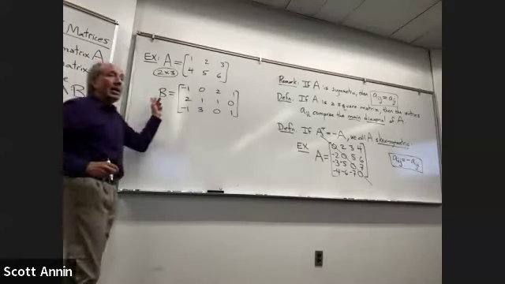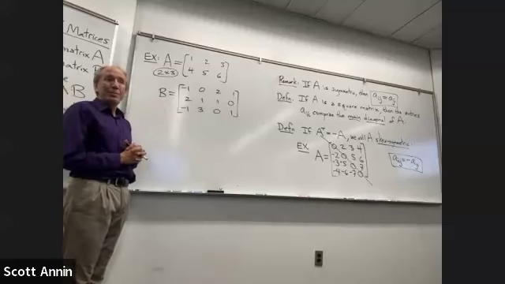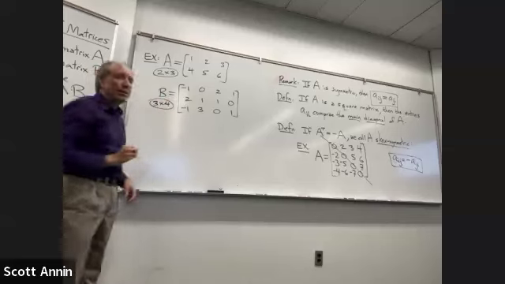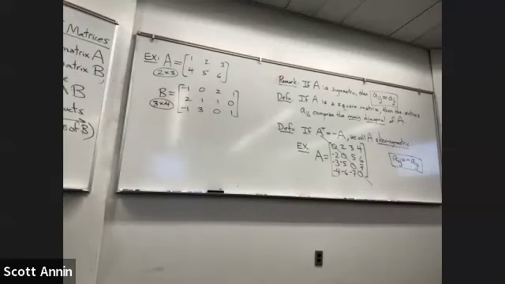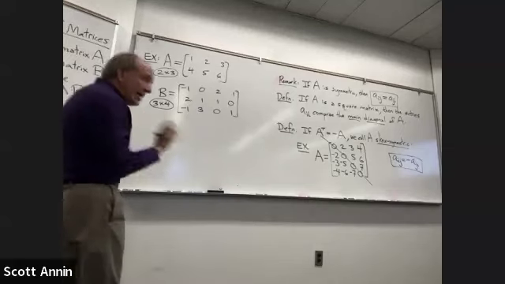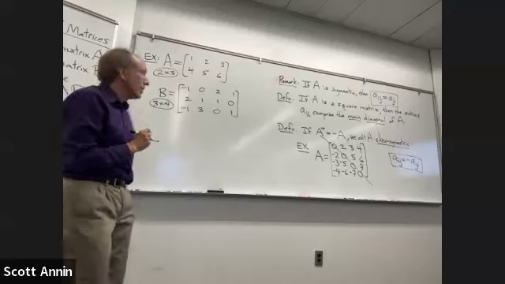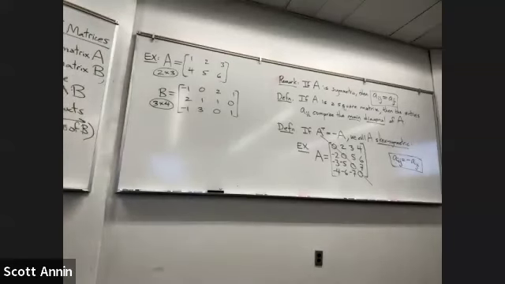And help me out, what's the size of this one? 3 rows and 4 columns, right? That's a 3 by 4 matrix. So the first thing I want to ask you is, is it legal for me to calculate A times B? We come back over here, the A has to be M by N, and the B should be N by P. These two numbers have to match.